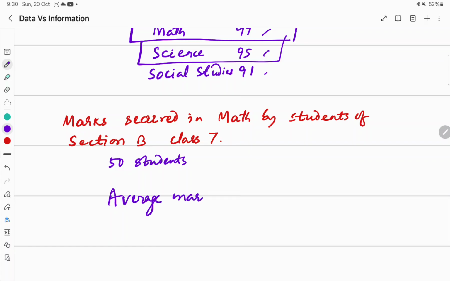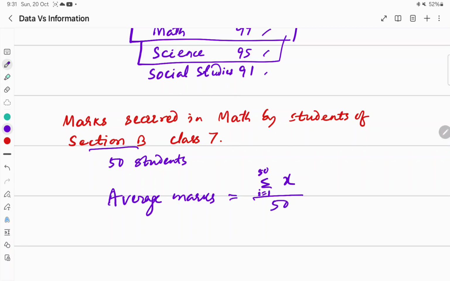So we will sum up the total marks, say X, and divide it by 50.